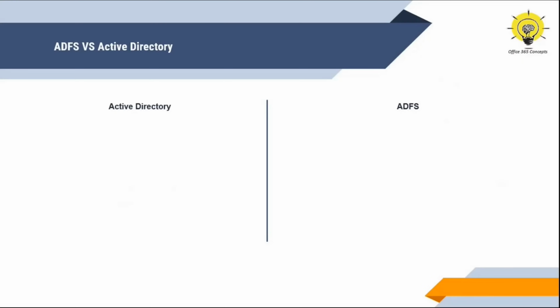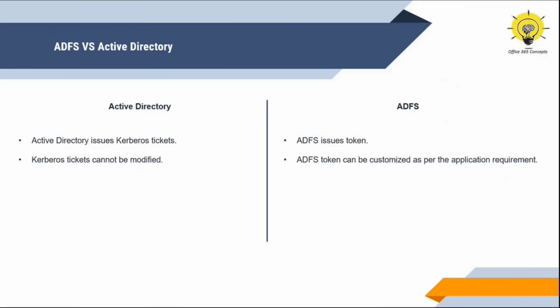Now, if we compare Active Directory with ADFS, what we can understand is that the acknowledgement that Active Directory issues after the authentication is called ticket, and the acknowledgement that is shared by ADFS is called token. Kerberos tickets that are issued by Active Directory cannot be customized, but ADFS token can be customized as per the application requirement.